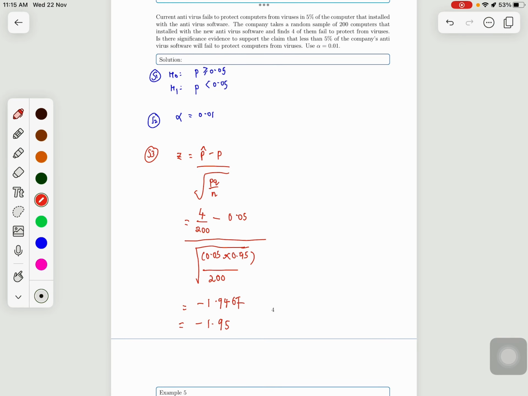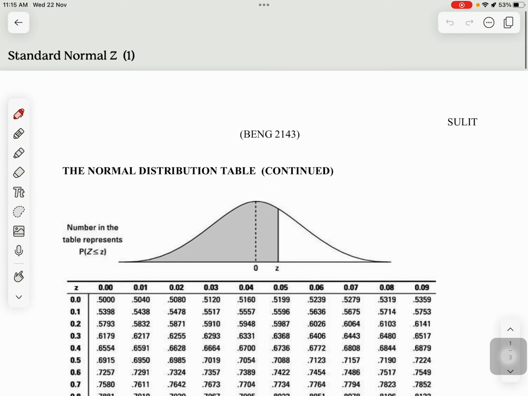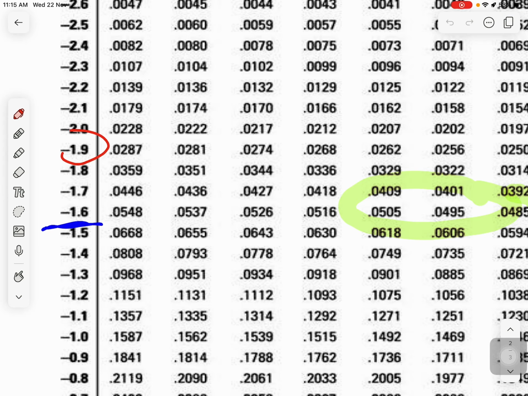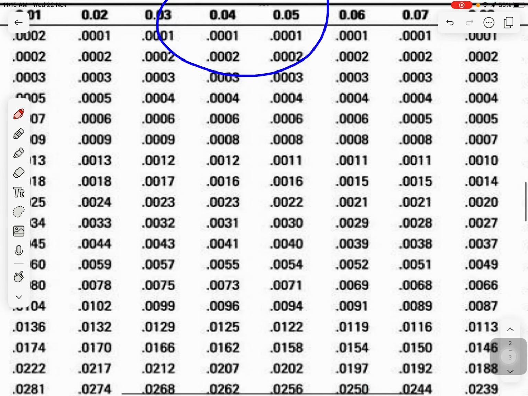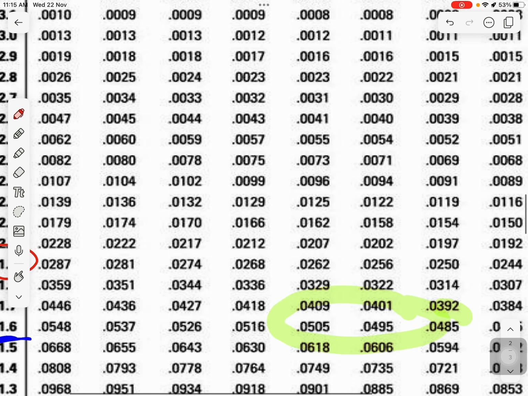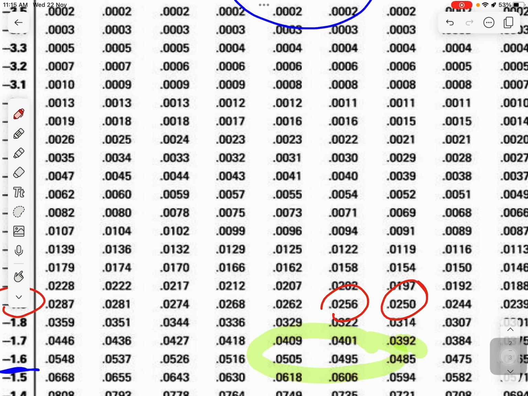Please refer to the Z table here. Negative 1.95, somewhere here. Right? Sorry, next to it.